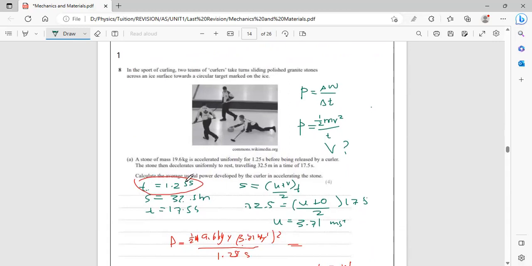A stone of mass 19.6 kilograms is accelerated uniformly for 1.25 seconds.